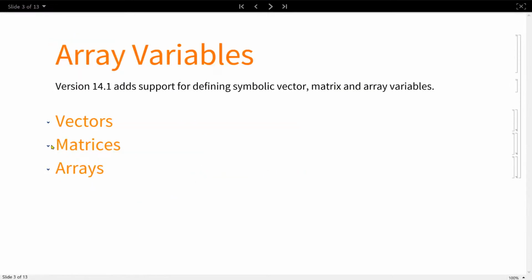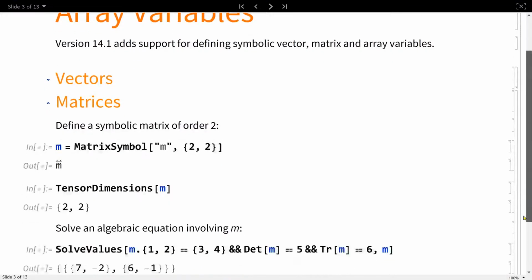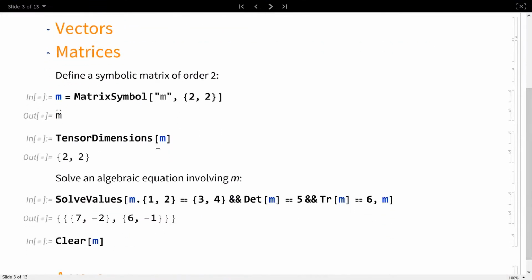So going into matrix symbols, let's say over here we can define a symbolic matrix of order 2 by 2. You can check the dimensions, and then you can even solve an algebraic equation involving this matrix M. You can see things are being done purely symbolically. That's really elegant, particularly if we're working with very large length vectors or very high order matrices. So the fact that you can use this is really, really convenient.